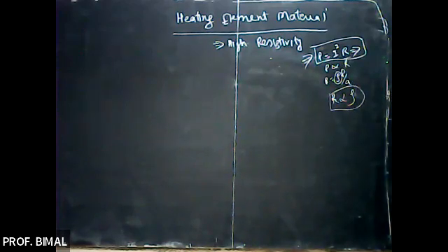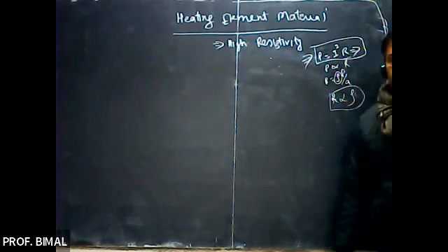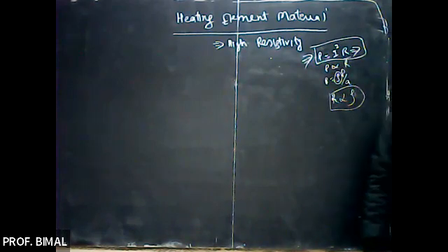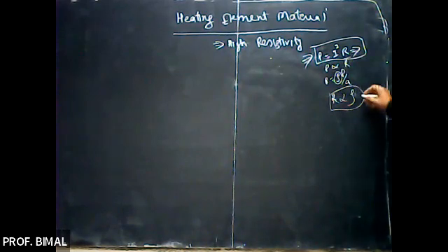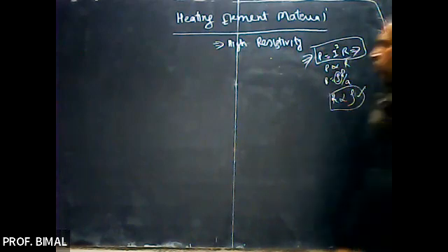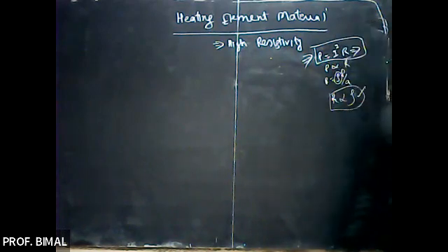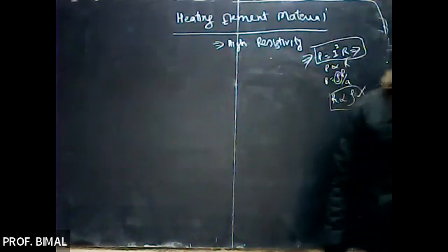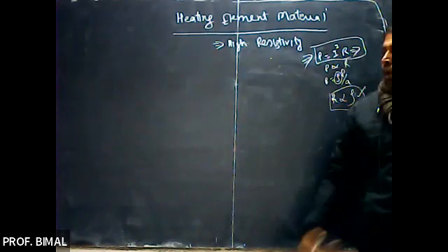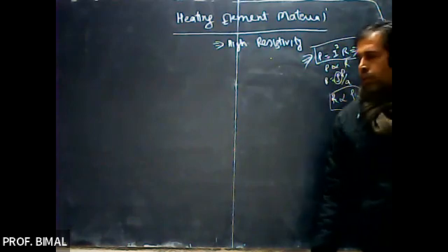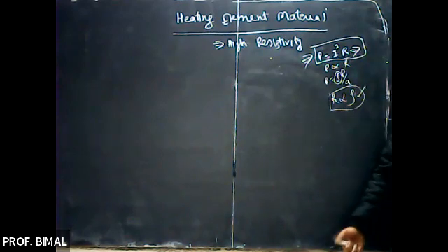Resistance is directly dependent upon the resistivity of the material. So if the resistivity of the material is high, that particular element will produce high heat at the same current, right?